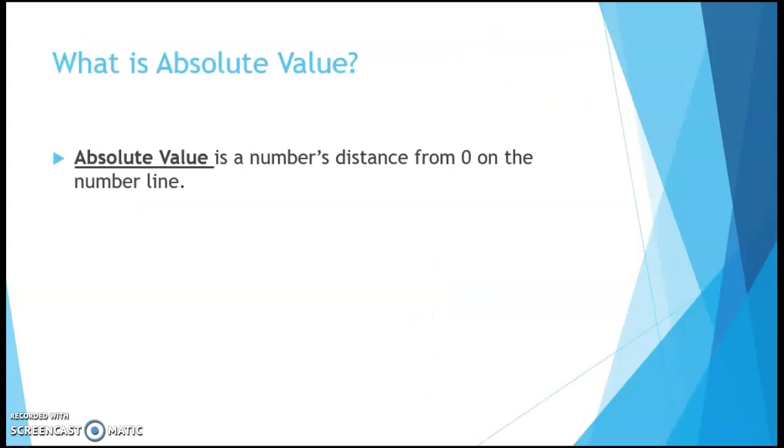Absolute value is the big idea for this lesson. What is absolute value? It is a number's distance from 0 on the number line. So it is the actual distance that any number might be from 0. So for example, the absolute value of -4 is 4 because it is 4 away on the number line.